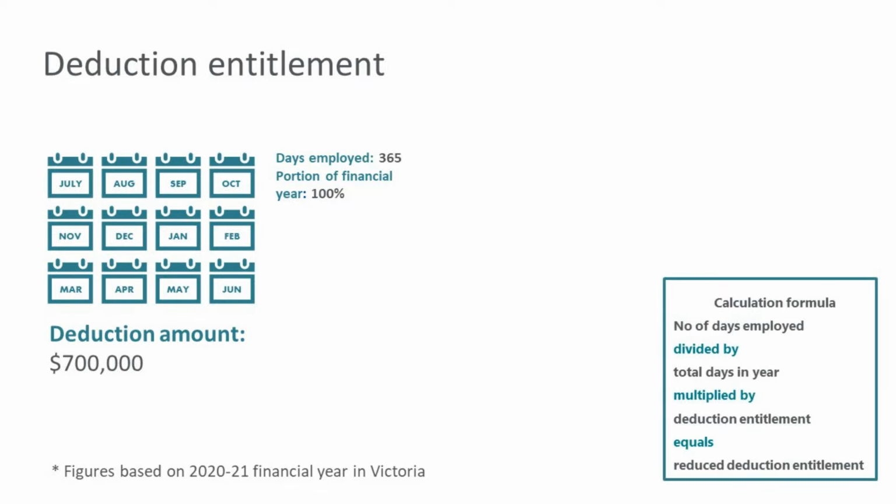If you only employ for part of the financial year, your deduction entitlement will be calculated by dividing the number of days employed by the number of days in the year, which is 365 or 366 in a leap year, and then multiplying by the maximum deduction entitlement.